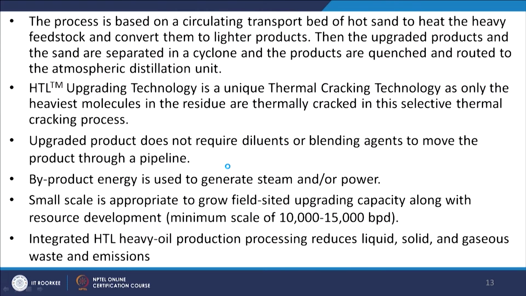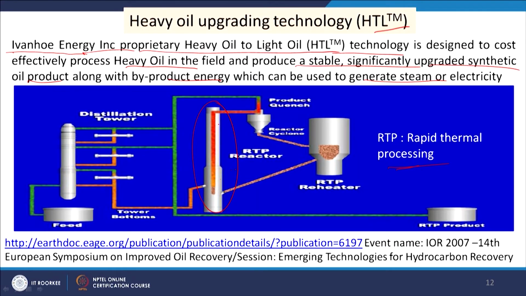In this case the process is based on a recirculating transport bed of hot sand to heat the heavy feedstock and convert it to lighter products. Then the upgraded products and the sand are separated in a cyclone. This is the cyclone, where the upgraded products and sand are separated.